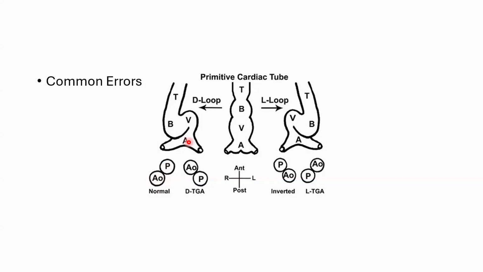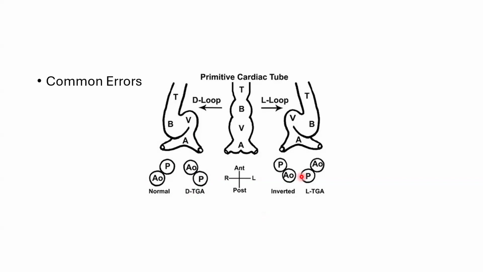But if the looping becomes abnormal, then you have a more anteriorly located aorta to the right and a posteriorly located pulmonary artery. In that case, you end up with transposition of the great arteries.